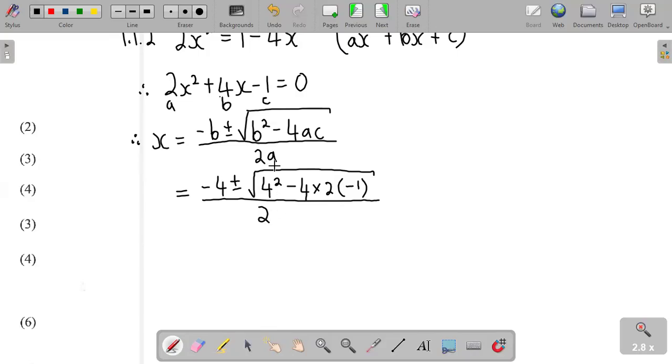And then the denominator is 2 multiplied by 2. It equals negative 4 plus or minus the square root of 24.